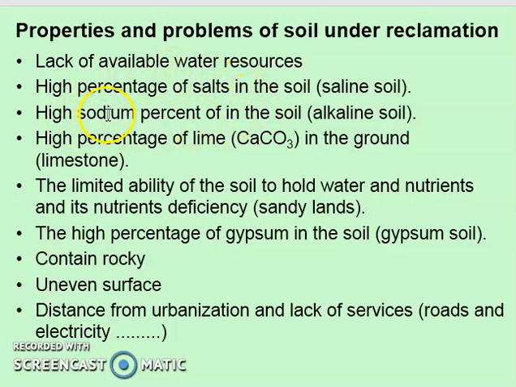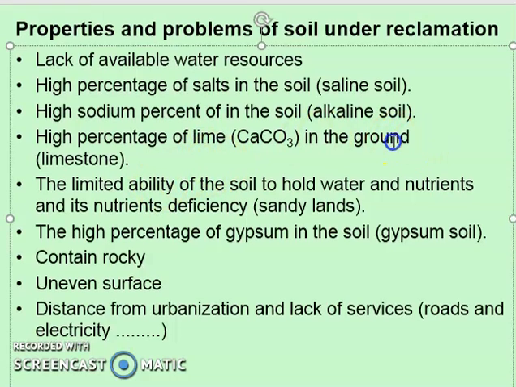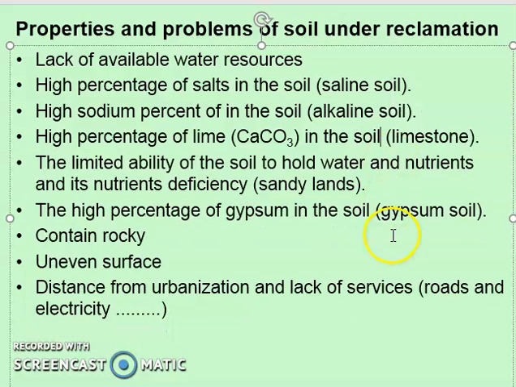The second is a high percentage of salts, especially in arid and semi-arid regions, high sodium percentage, high percentage of lime, calcium carbonate, the limited ability of the soil to hold water and nutrients, like sandy soil, a high percentage of gypsum, like gypsiferous soil, and rocky areas, which are not easy to cultivate.